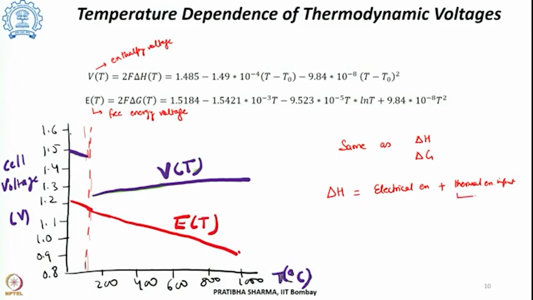However, if a certain amount of energy is fed by means of thermal energy by the term T delta S, then the required electrical energy input reduces. As such, the total energy input required is still the same. This actually has a benefit when we look at high temperature electrolysis.